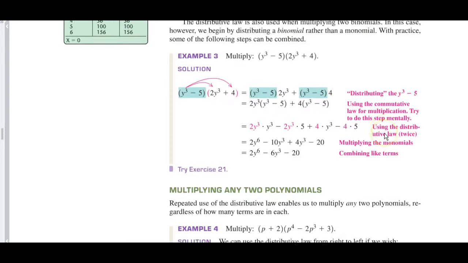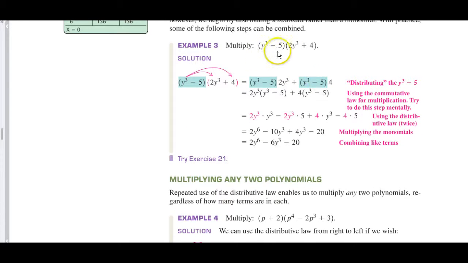Now here we're going to multiply a binomial by a binomial, and they're doing it in a horizontal form. Now I do it a little differently, and I'll show you the way I do it usually. And you can do it either way, and again, there's more ways to do it.